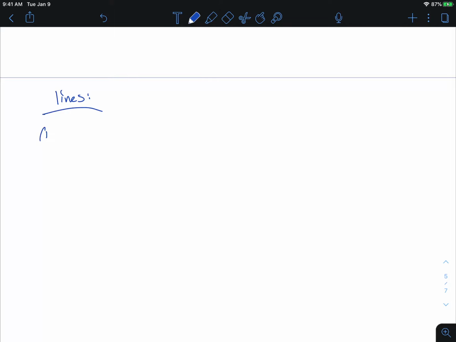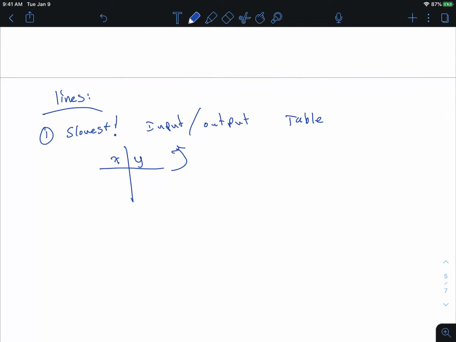The first way, and probably the slowest, and you don't want to do this, is to use your input-output tables. That would be your x's and y's, and you'd plug things in to get outputs.